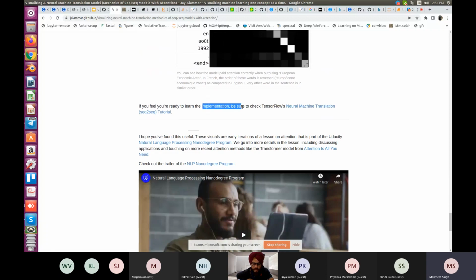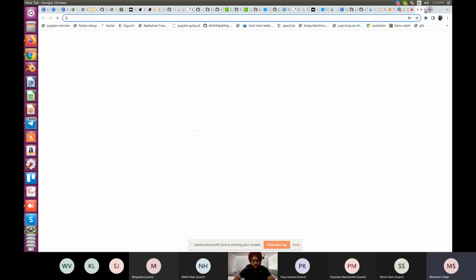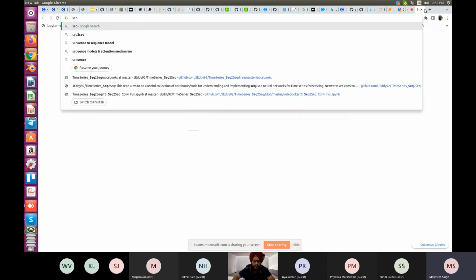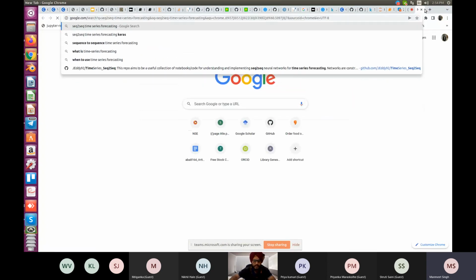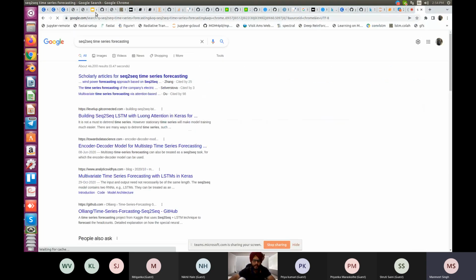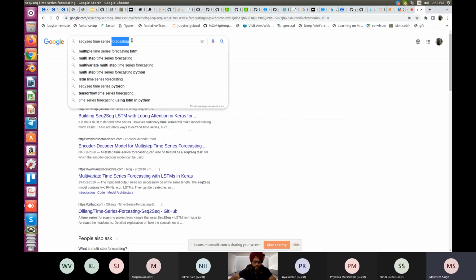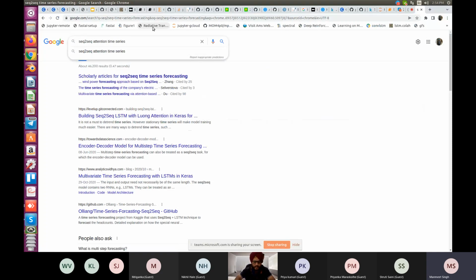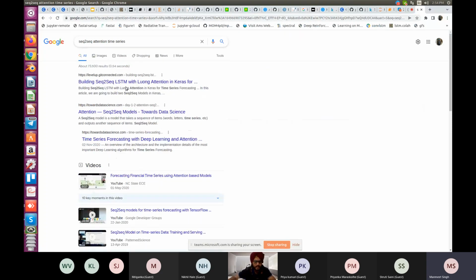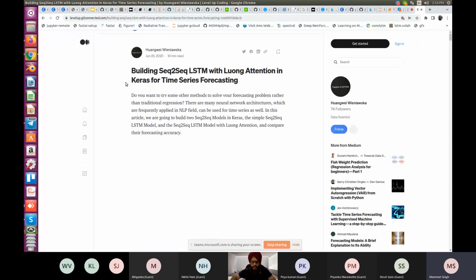If you feel you're ready to learn, you can go to the neural machine translation sequence to sequence tutorial. Why we are doing all this is because these are all directly applicable to time series problems. You can just search for sequence to sequence time series forecasting, or attention time series, and check this kind of sequence to sequence attention time series model and apply it to your weather or climate science dataset.